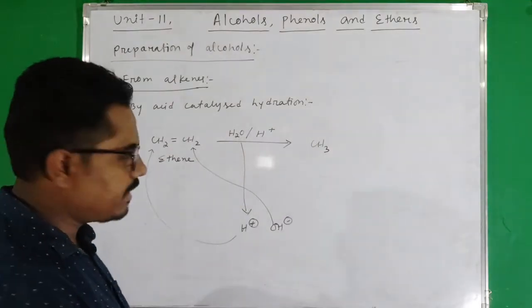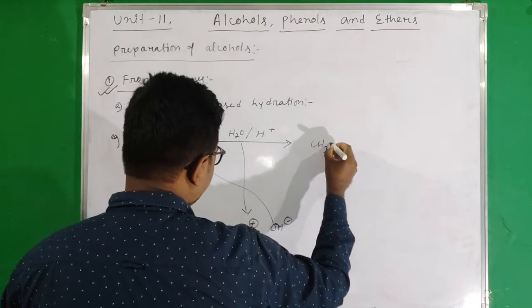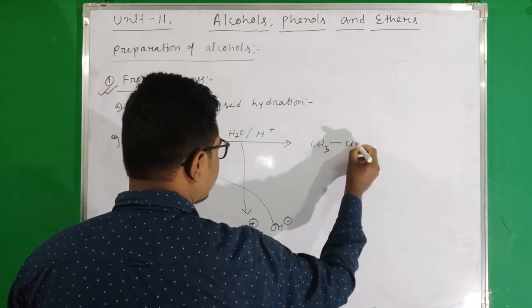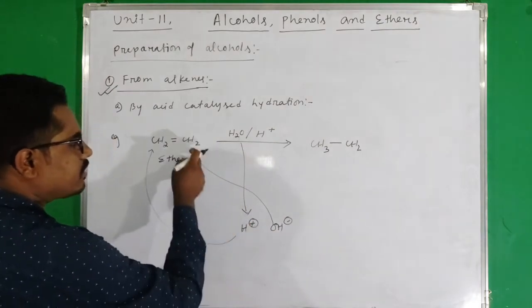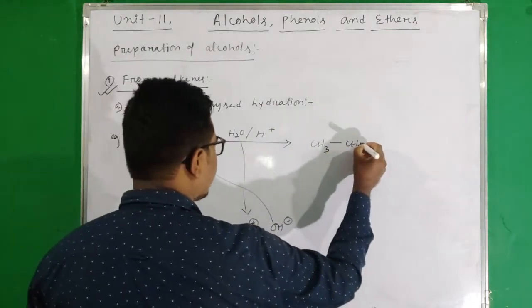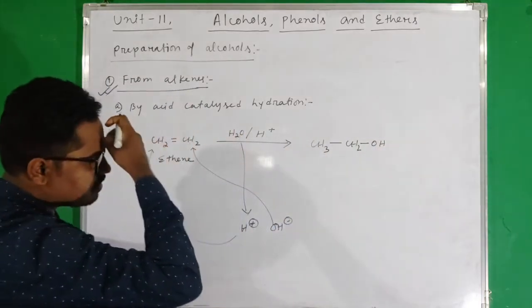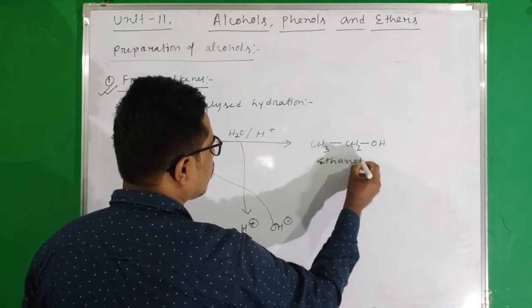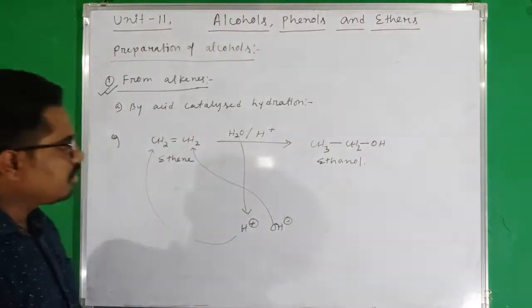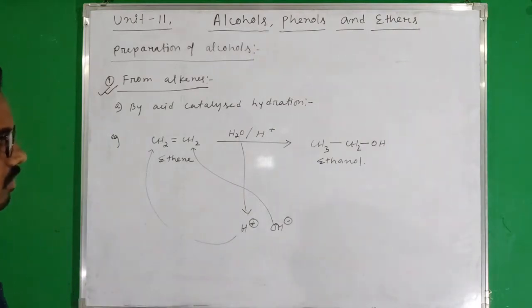Then this double bond will convert into a single bond and form CH2, and due to addition of OH negative, we will get CH2OH. That means we will get ethanol.